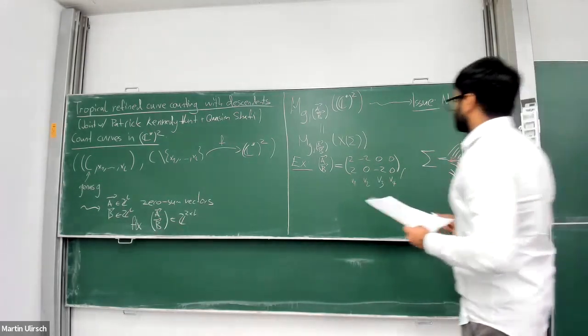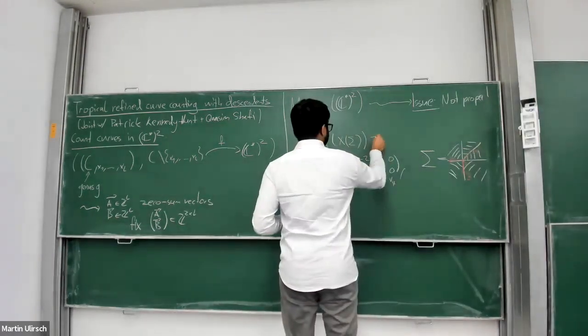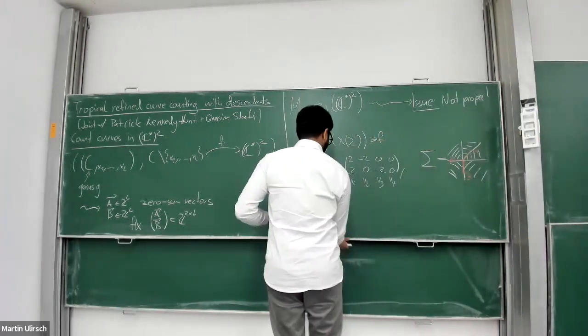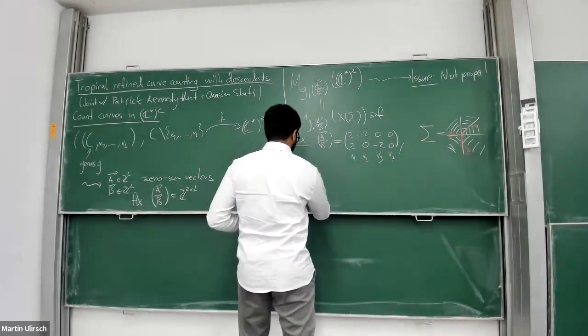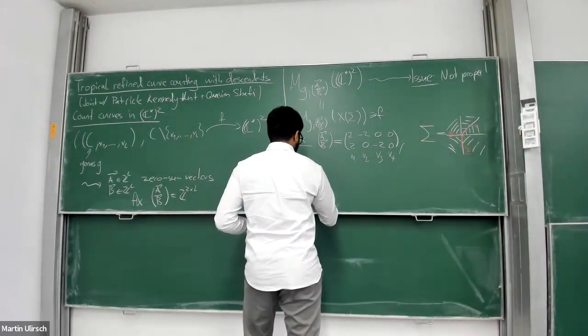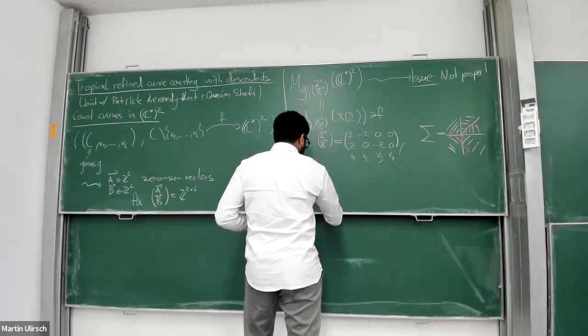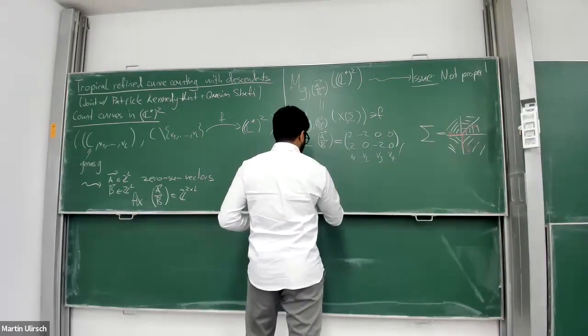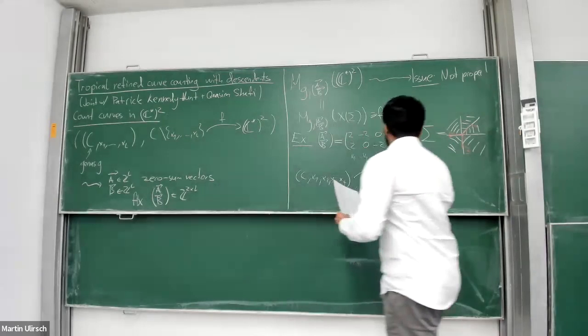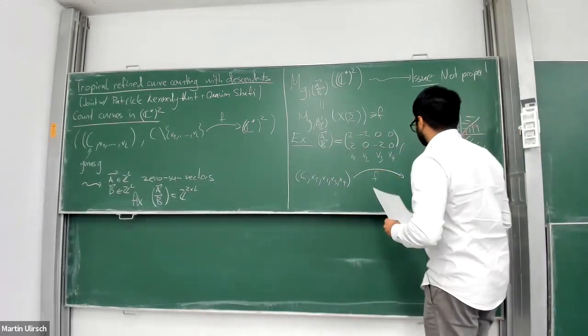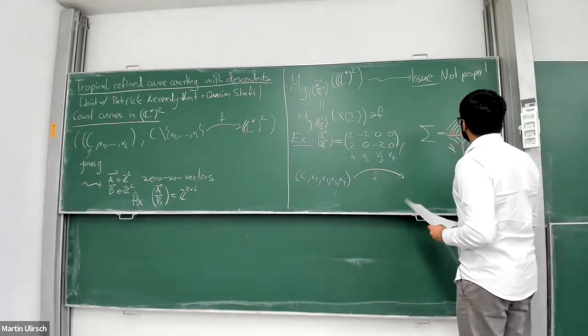Now I can draw what an element in here looks like. So it's going to be a marked smooth projective curve with 4 markings, with a map from the full compact curve to my target.